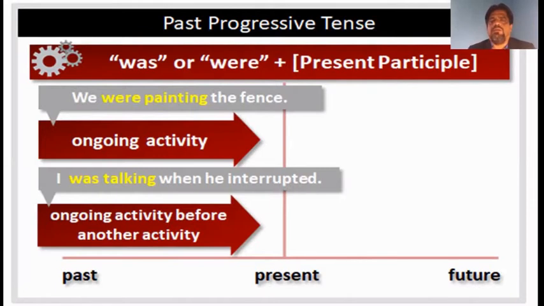For all the third person plural, you may use were. Once again, for all the third person plural, you use were, and for the rest of the subjects, you may use was.